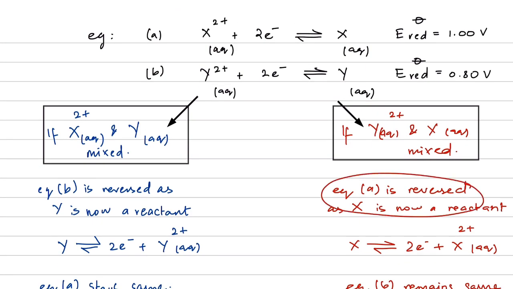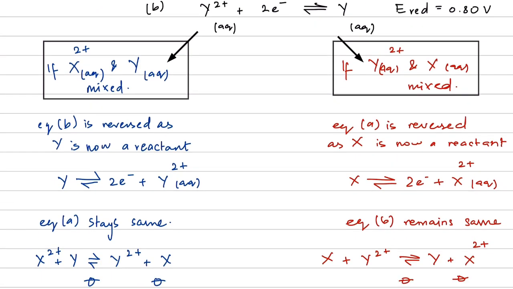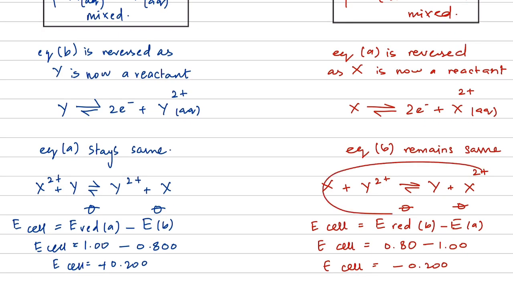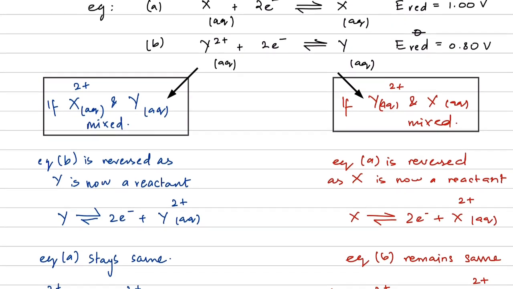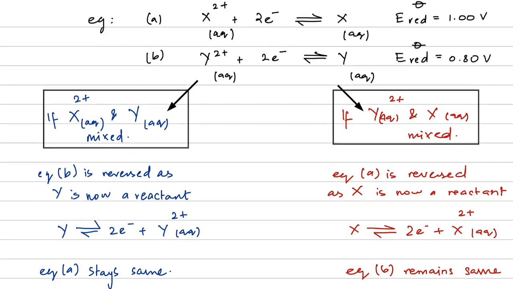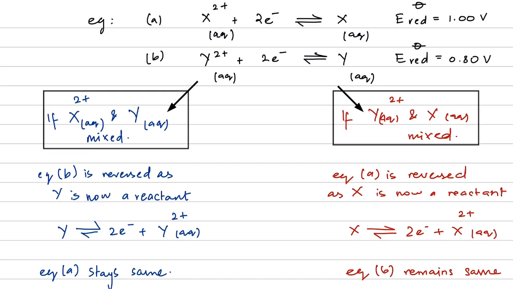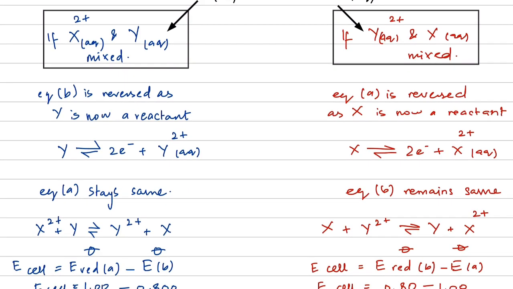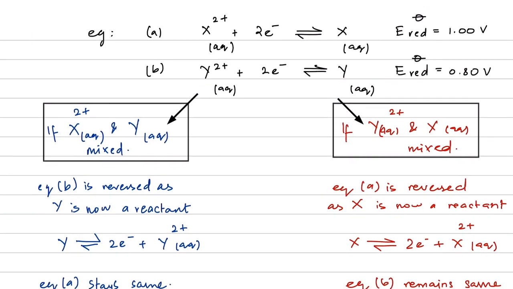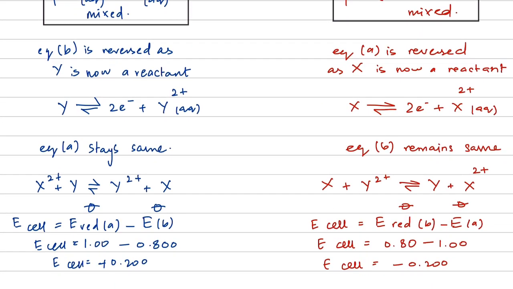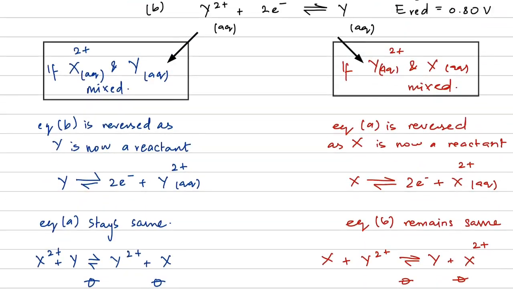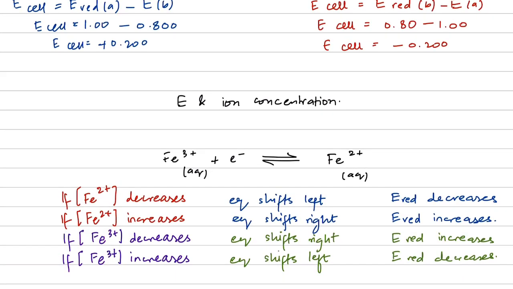When equation A is reversed and equation B is the same way, the net equation is that X is reacting with Y ions to give you the two products. I repeat, equation A was reversed because X should be the reactant in our case. Now if we reverse equation A, the potential value which is 1 volt is also made into a negative value. So 0.8 minus 1 which is minus 0.2, so scenario B is not a feasible case.